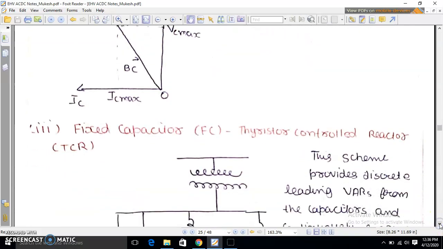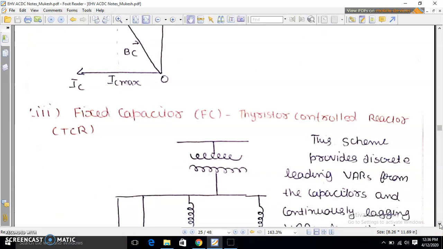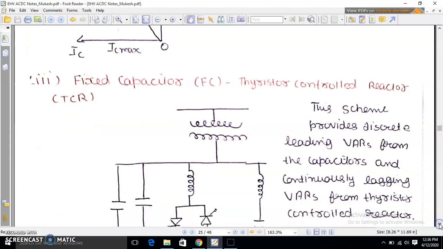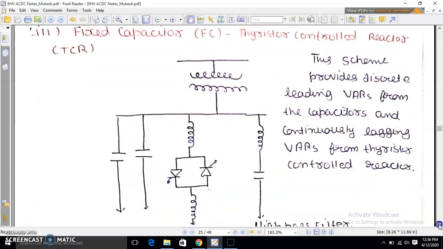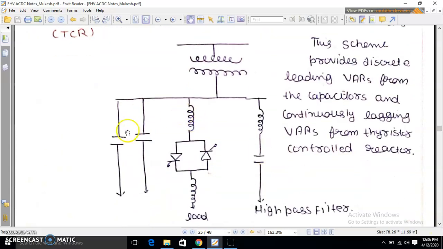The next one is fixed capacitor, thyristor controlled reactor, FC TCR. This scheme provides discrete leading vars from the capacitor and continuously lagging vars from the thyristor controlled reactor. Capacitors and the reactors are here.